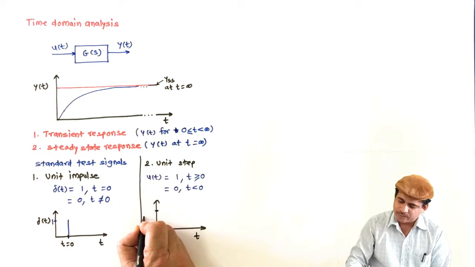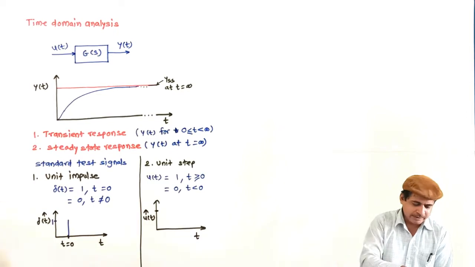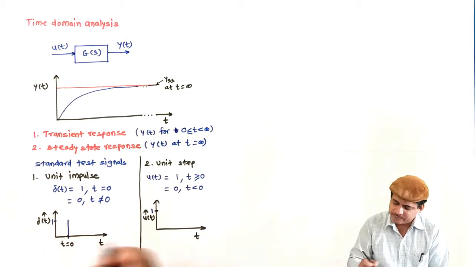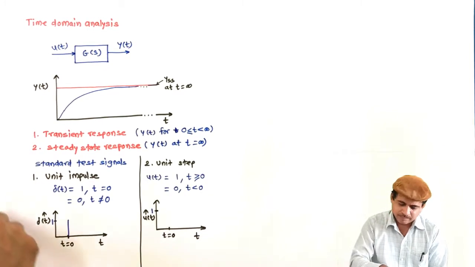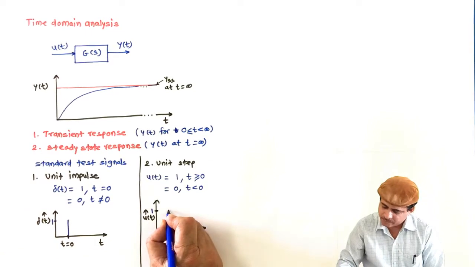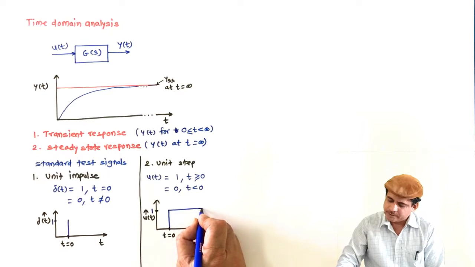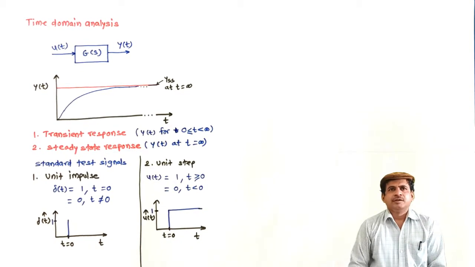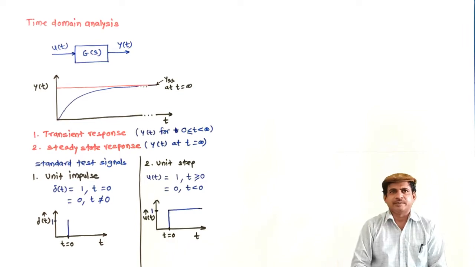Here this is u(t), and let this be 1, and let here I have the time t equal to 0. So this is a unit step signal, and this will be till infinity. So this is like a step, sudden change which lasts permanently.